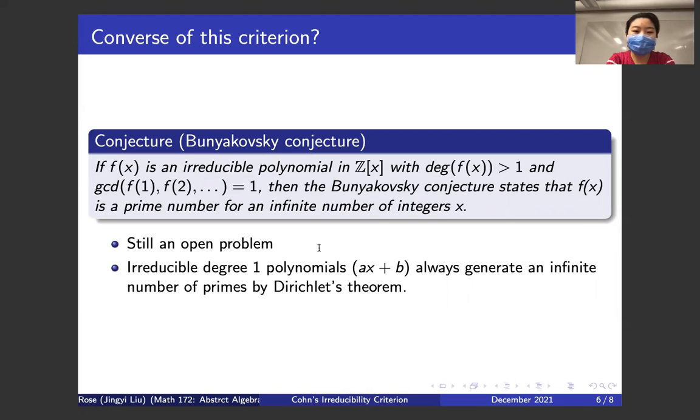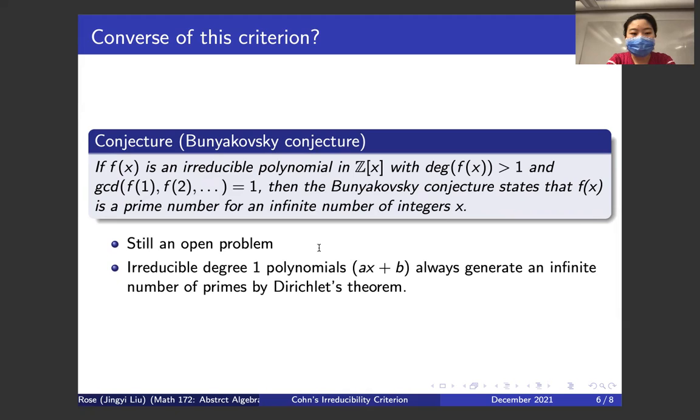So this criterion tells us something about prime numbers and irreducible polynomials, but we might wonder about the reverse of this criterion, which asks what can we know about prime numbers if we have an irreducible polynomial.